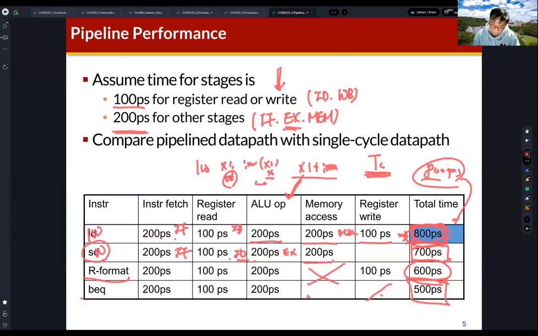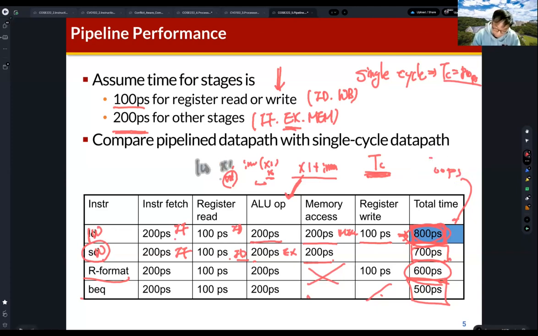So for the single cycle processor, TC is 800 picoseconds.